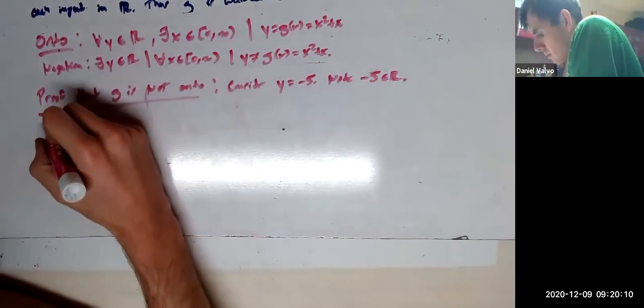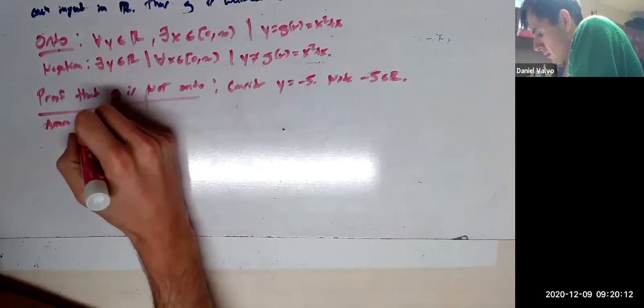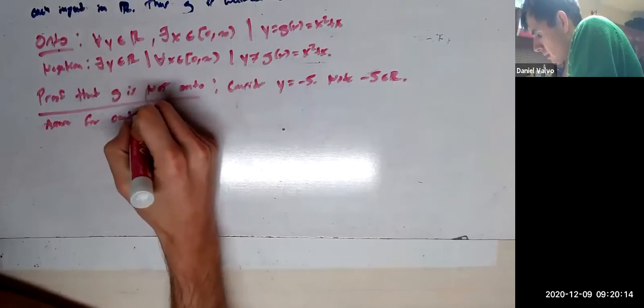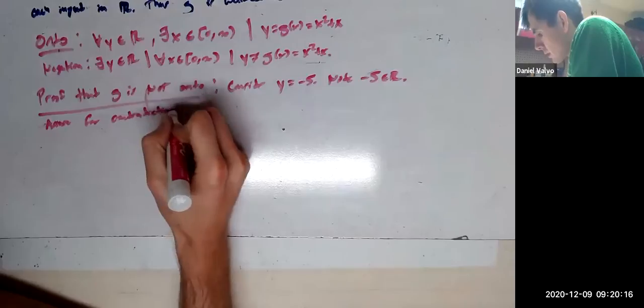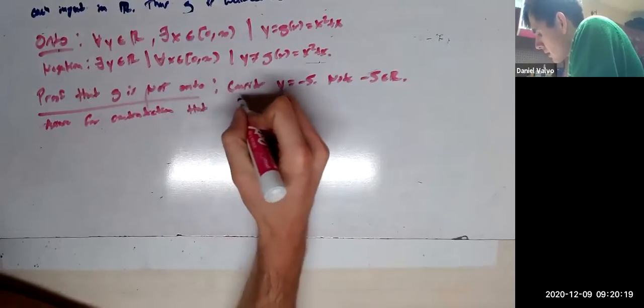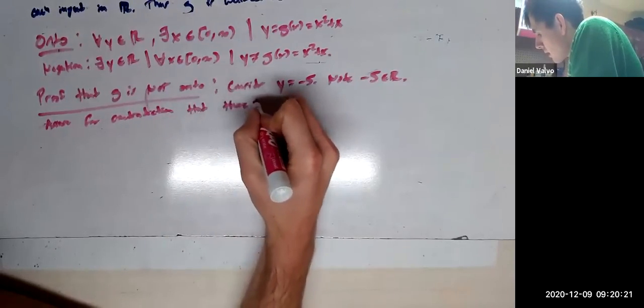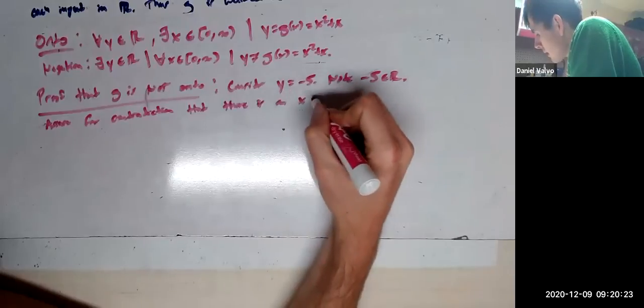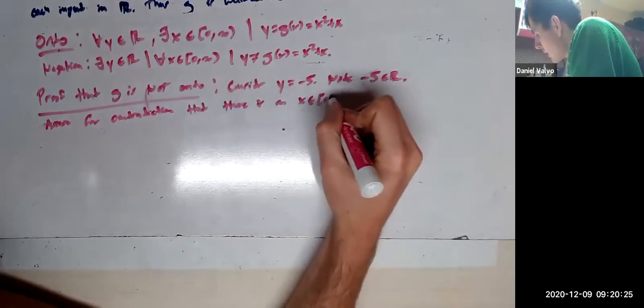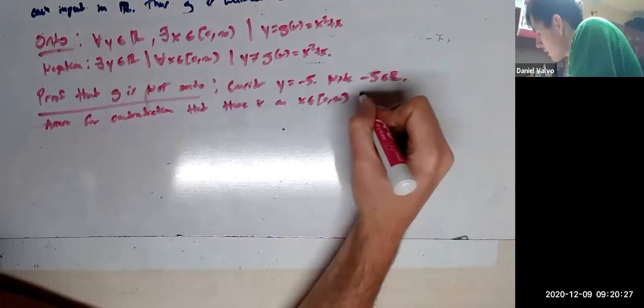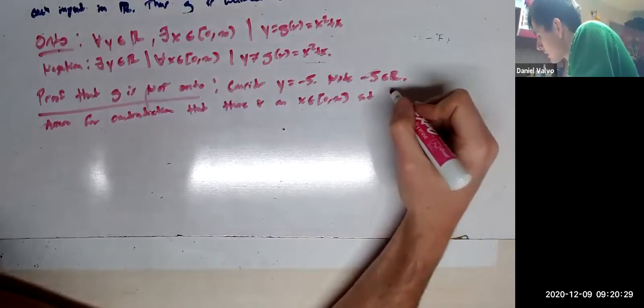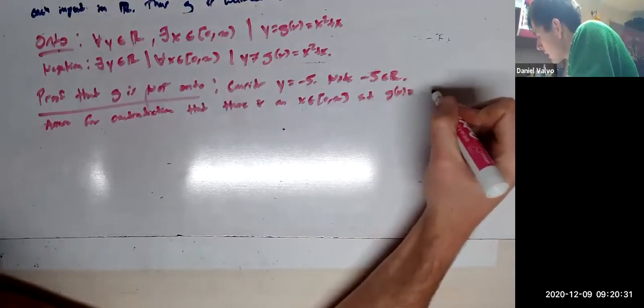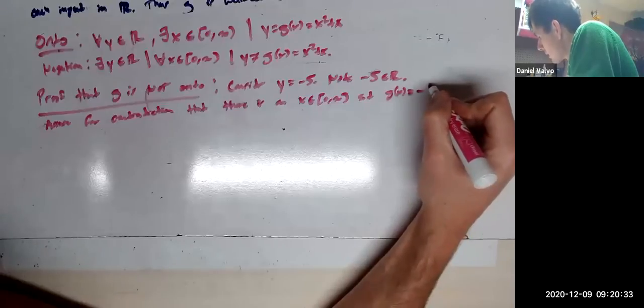So assume for contradiction that there is an x in the domain [0, infinity) such that g of x equals -5.